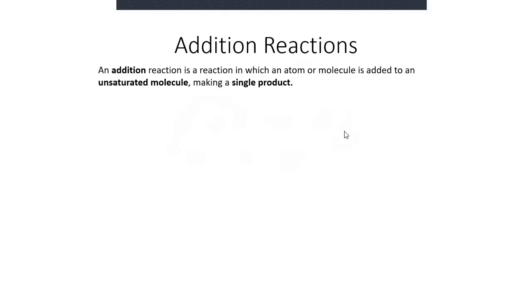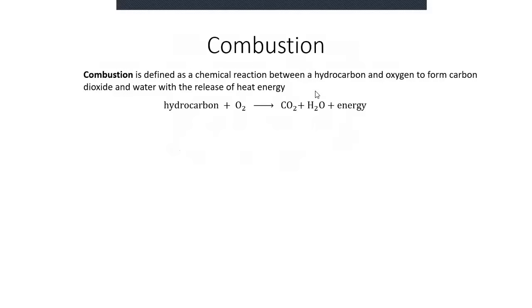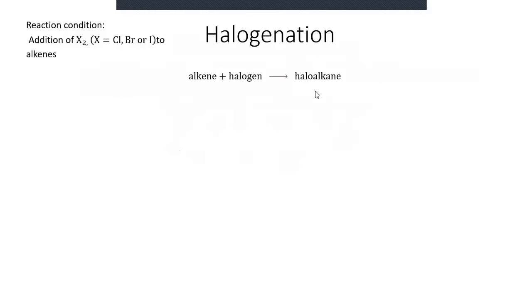Let's go to our first one there. Our first one is halogenation. Halogenation is an example of an addition reaction. So what do we do when we are halogenating? We are adding a halogen to an alkene to make a haloalkane. Okay, alkene, that's double bonds between carbon atoms. What do I do to it?